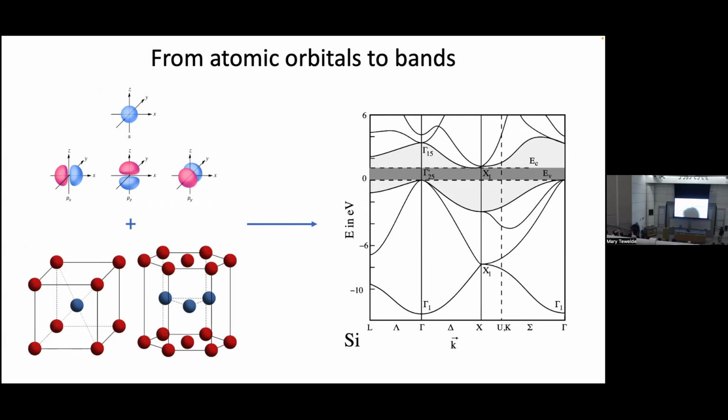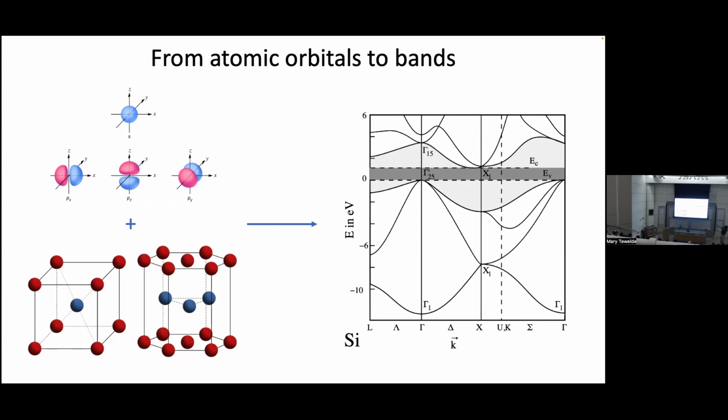This is an example for silicon. Don't worry about these hieroglyphs here. The point is that one by one, for all the electrons that you have in your system, you fill up these energy bands up to a certain point called the Fermi level. And in many materials, all you have to do is consider just that one electron. If it just so happens that you cut through one of these available energy bands in the system, then you have a metal.